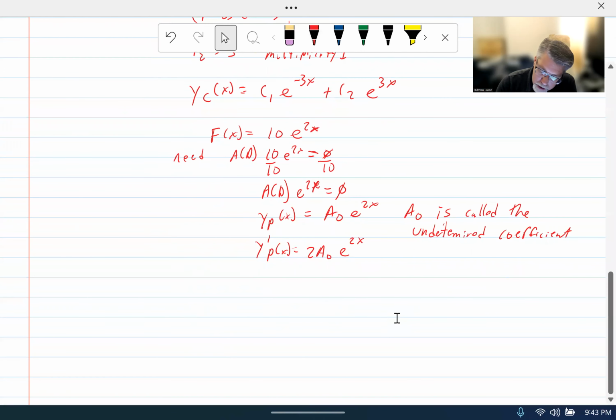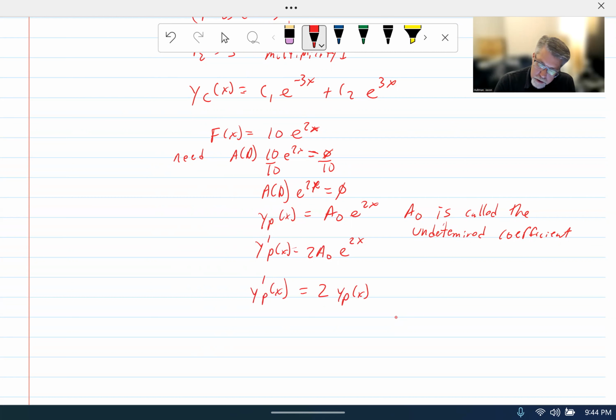I can now say that yp prime of x is equal to 2 times yp of x, because the derivative is double what yp of x is.